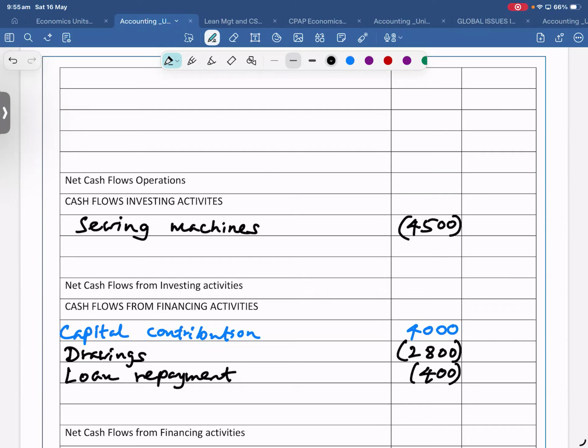We see a decrease in asset, but also when we purchase in cash, our cash at bank also decreases, because we pay money to purchase a machine.